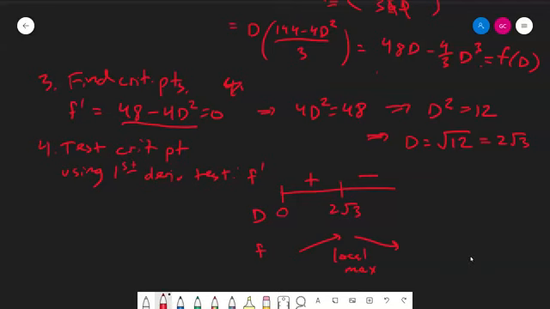But then remember our argument from before: whenever you have a continuous function, and f is continuous, since it's itself a polynomial, on an interval that has only a single critical point, and that critical point is a local maximum, then in fact that must be the absolute maximum.